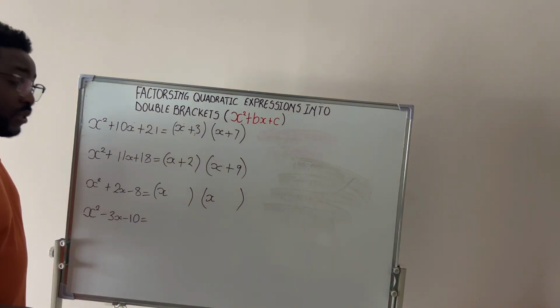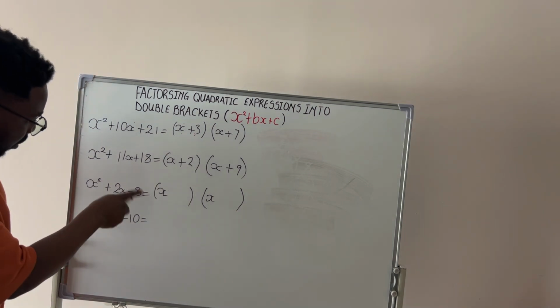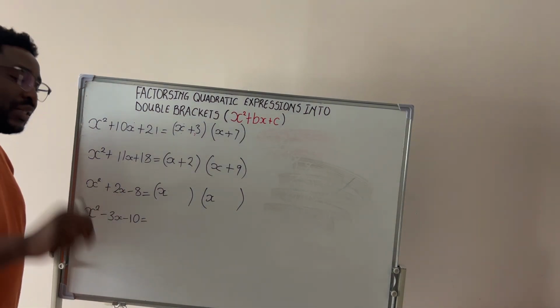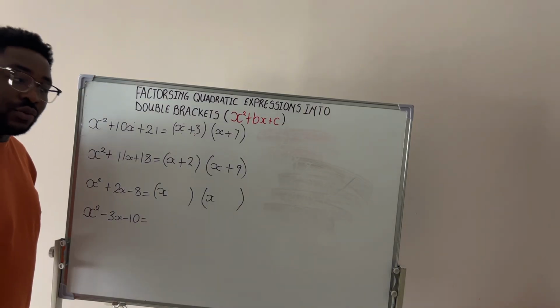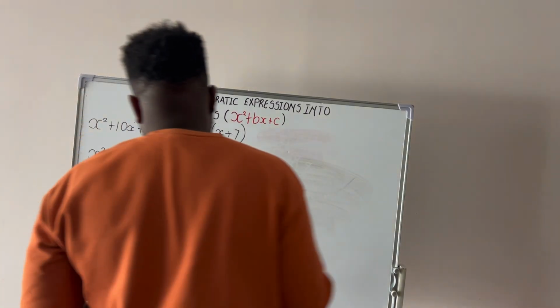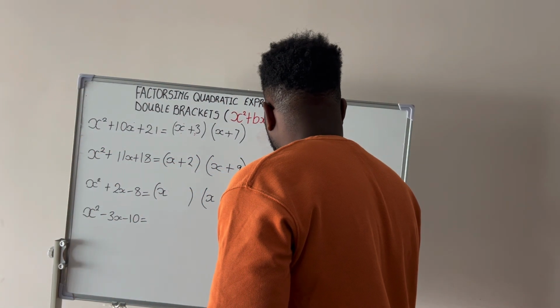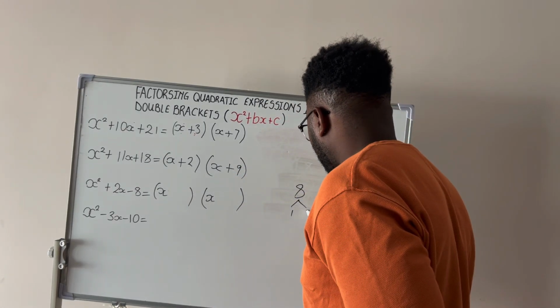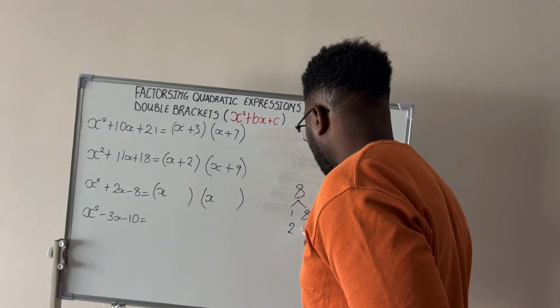Finding the two numbers. When I multiply them, I get negative 8. And when I add those same two numbers, I get positive 2. So we're talking about factors of 8. What are the factors of 8? 1 by 8, 2 by 4.